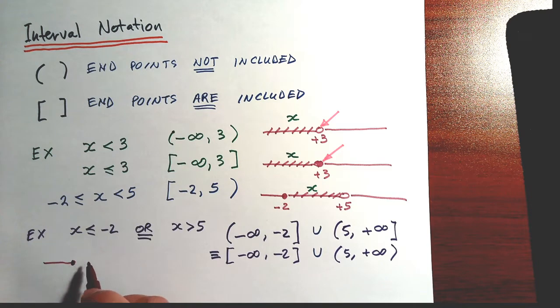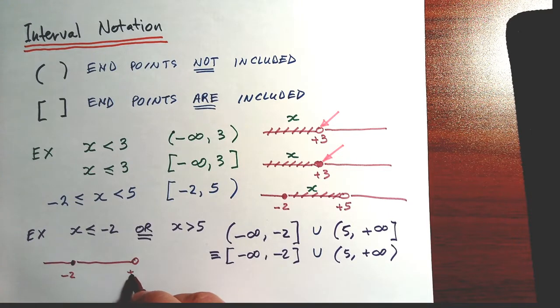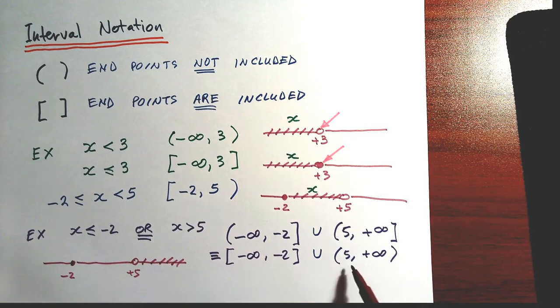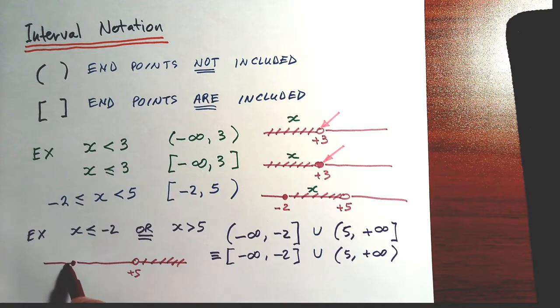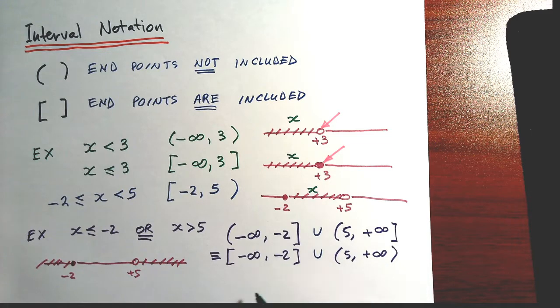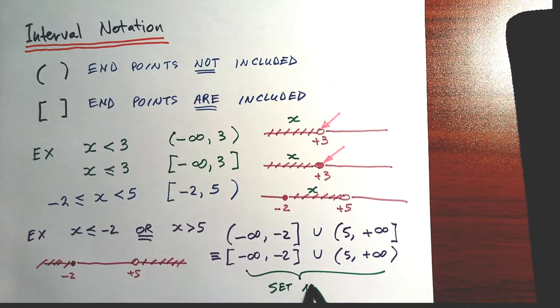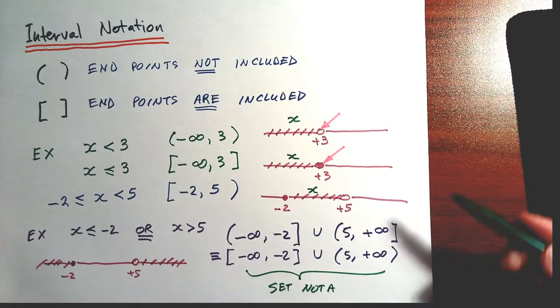Including -2, excluding +5, and x does not lie inside, it lies outside. It lies above from 5 to infinity, excluding 5, and from -2 to minus infinity, including -2. This is how the number line looks, and this is set notation. So you've learned set notation and also interval notation.